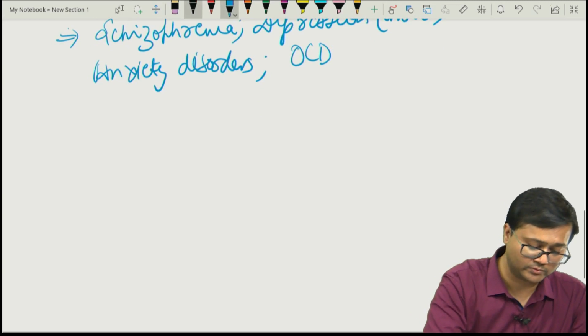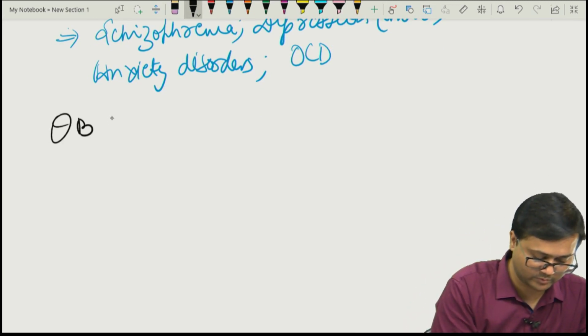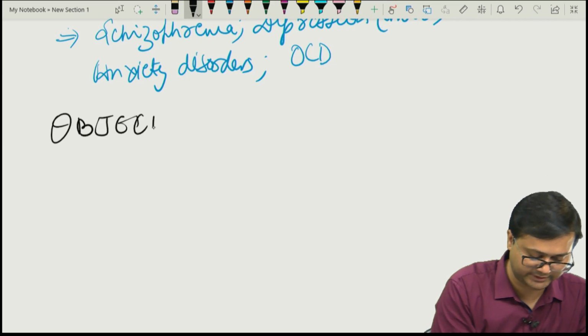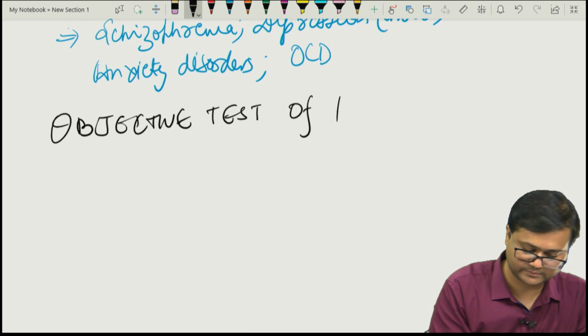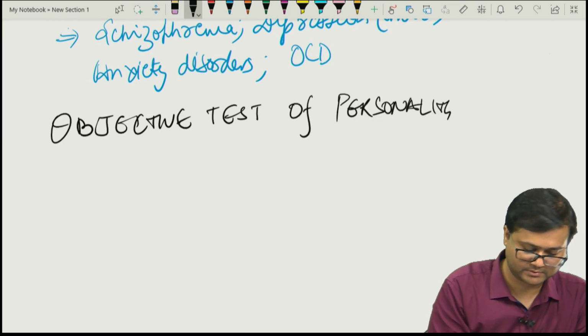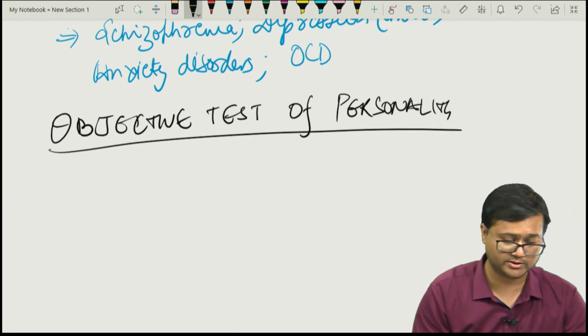Then, similar to the projective tests, there are objective tests of personality, also known as paper and pencil tests.